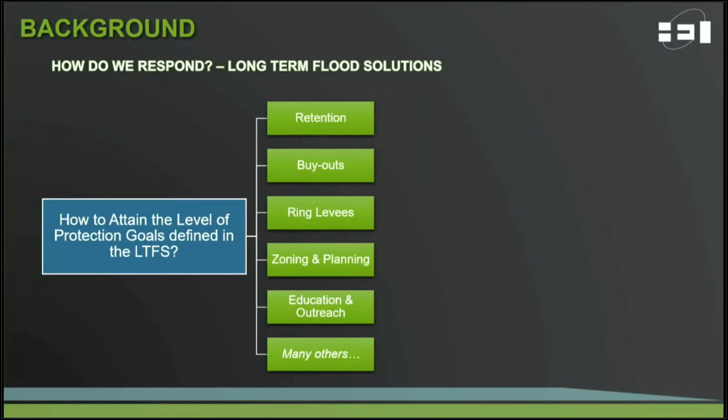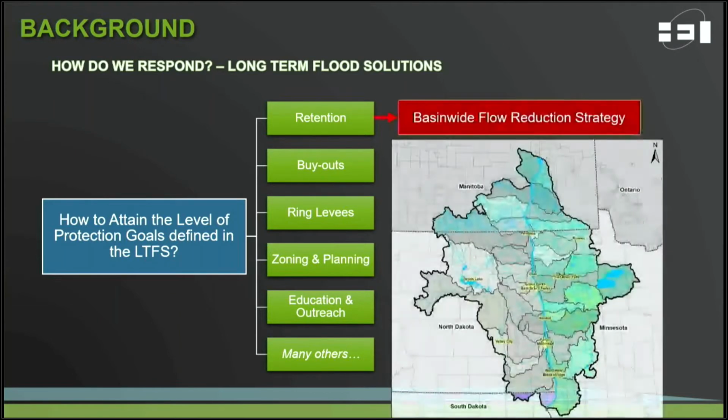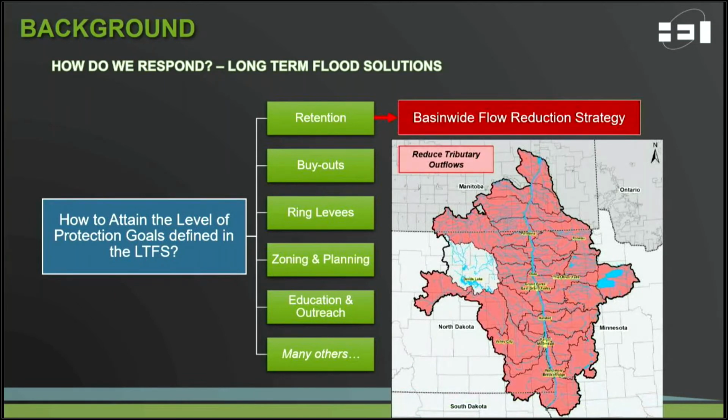Another key component of the LTFS is how we actually attain some of these goals. There's a whole list of different ways that we can attain the goals suggested within the LTFS document. What we're talking about today is the top one there, retention. Specifically, there's this whole concept of the basin-wide flow reduction strategy. What we're talking about is looking at these tributary subwatersheds, where we have localized issues occurring on the landscape.